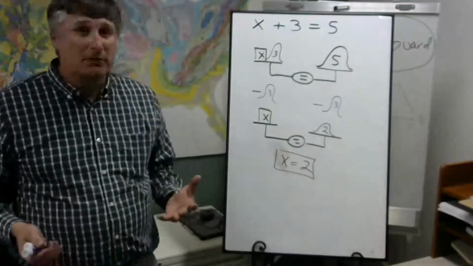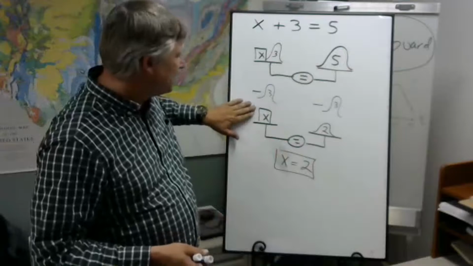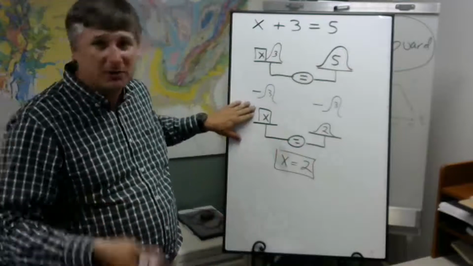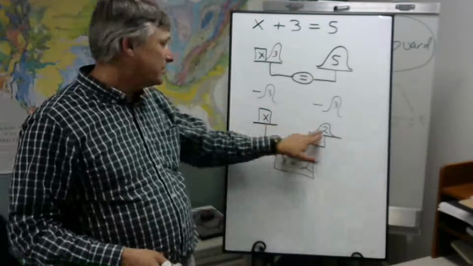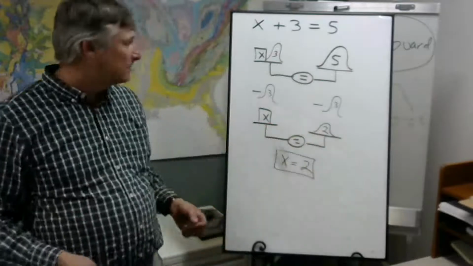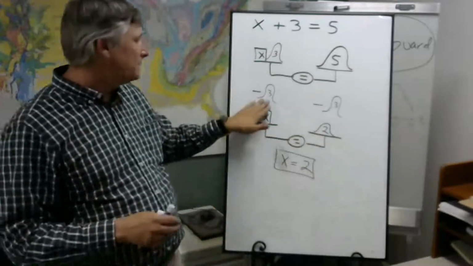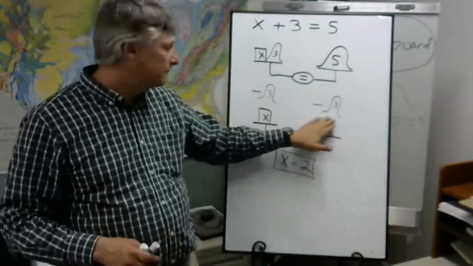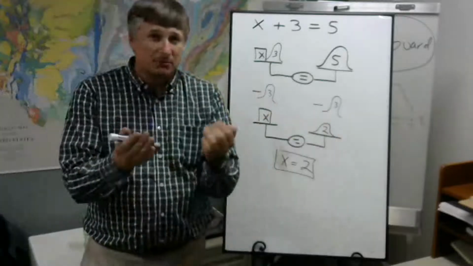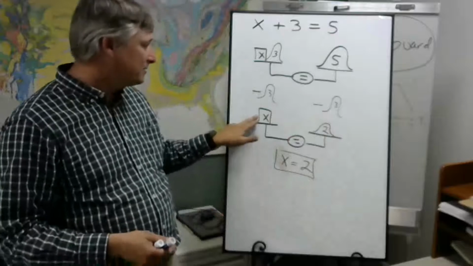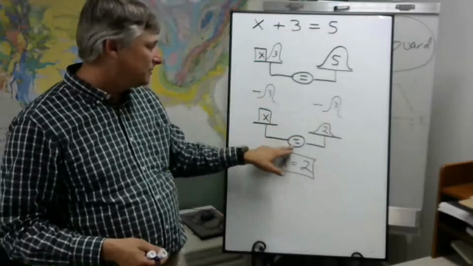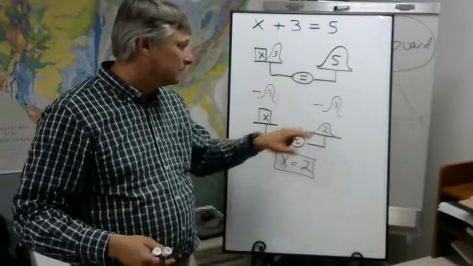So this is the idea of solving for x. We want to get x by itself. And then as we use various techniques to do that, we're going to get some number on the other side. And as long as we do to one side as we do to the other, it's going to stay balanced. So eventually we'll have x by itself balanced or equal to some number.